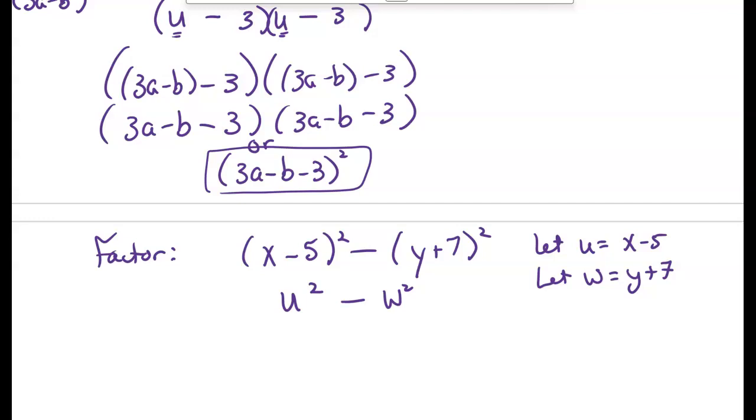Oh, do I have a greatest common factor? Oh, how many terms? So what are we going to use? Difference of squares. So on this one, you're going to have a u plus w, and you're going to have a u minus w. Now you're at the spot, you got to do what? Plug it back in.